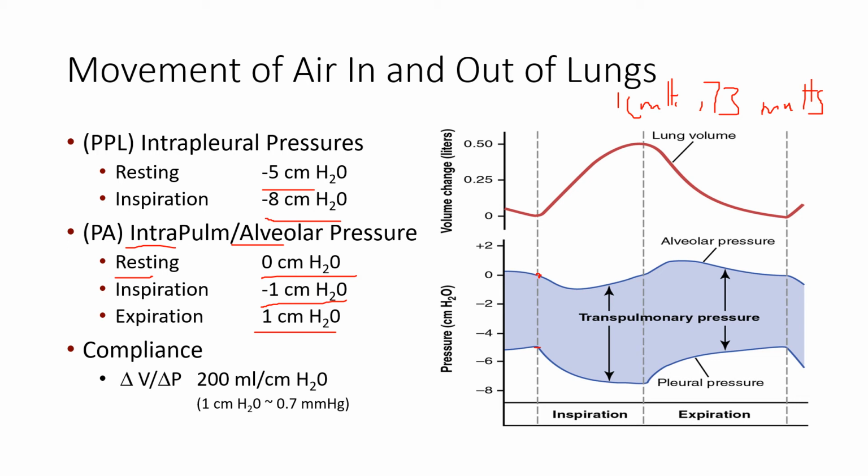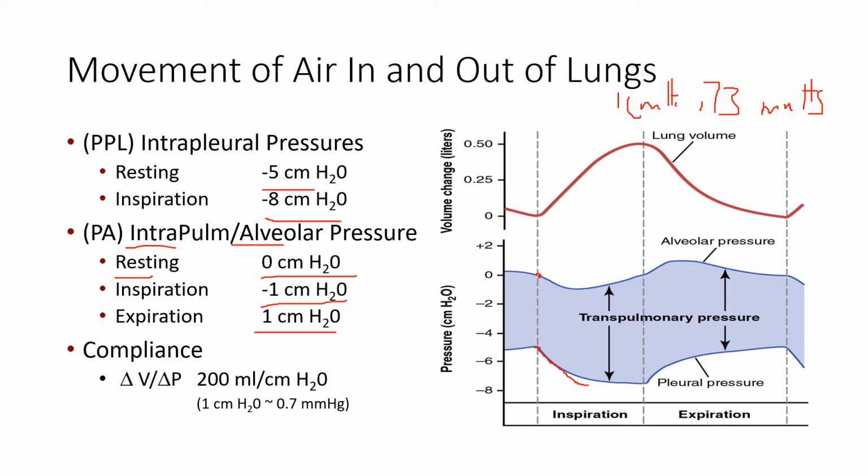It's at atmospheric. As we begin to breathe in, as the diaphragm descends and contracts, our accessory muscles contract, our scalenes and sternocleidomastoid, which lift the upper chest, we increase thoracic volume, and the chest wall moves outward, which increases the pleural cavity space slightly, and intrapleural pressure begins to decrease even more.